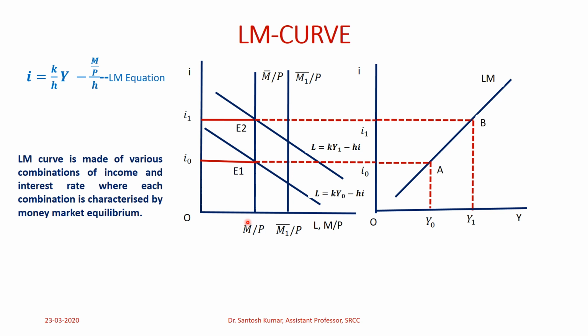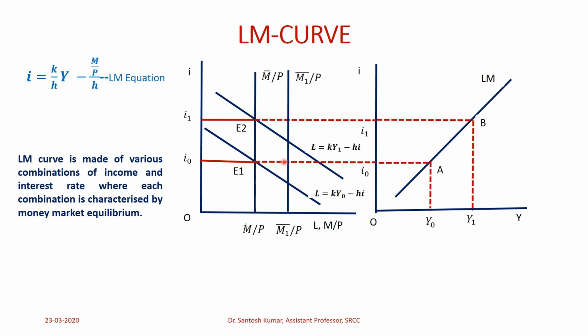So we have a rise in money supply by delta M, you can call it delta M by P. So this is your rise in money supply. Once money supply is increased, your money supply line is shifted rightward.